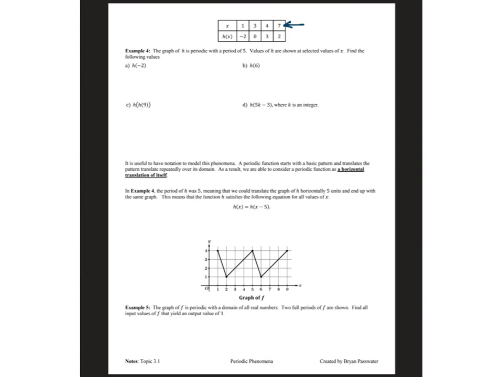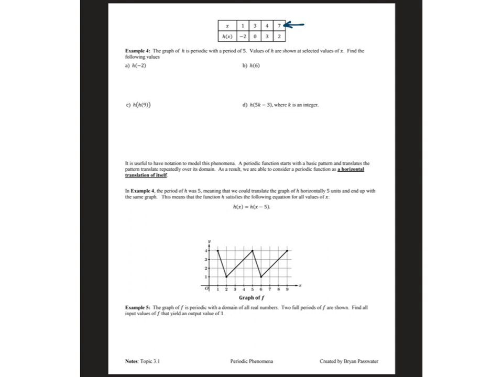Values of h are shown at selected values of x. Find the following values. Given this table information, 1, 3, 4, 7 are our only numbers to play with, and we also know there's a period of 5. How do we take these 4 numbers, plus the fact that there's a period of 5, and make negative 2?